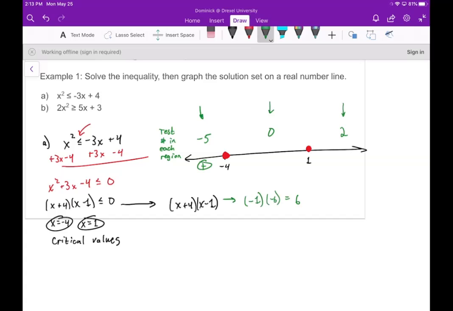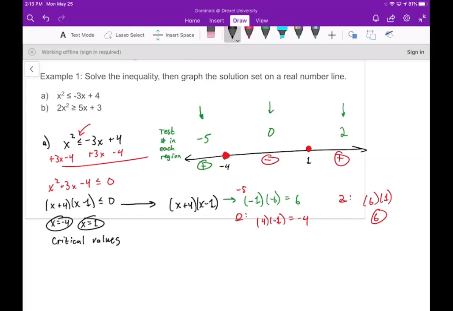If I test 0, I'm going to have a 4 times a negative 1, which is negative 4. So in this region, I'm negative. If I test 2, I'm going to have a 6 times a 1, which is 6, which of course is positive. So in this region, I'm positive.